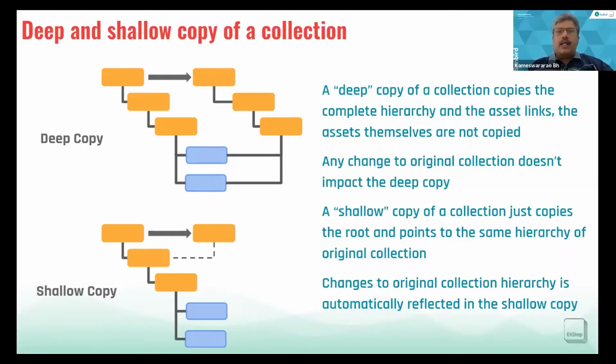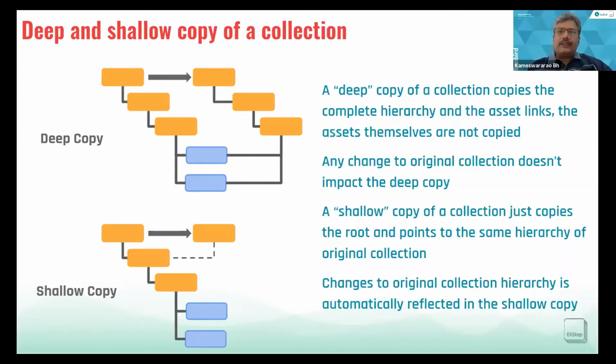So the same assets will be linked to these two different copies of the collection. What this means is that when you create a deep copy of a collection and the original collection changes, let's say you add certain assets, remove assets, add some folders, none of those changes reflect in your copied collection. So these two are completely separate objects now.